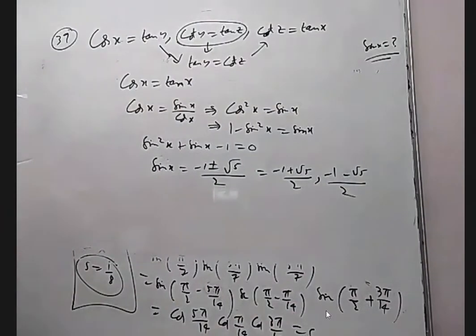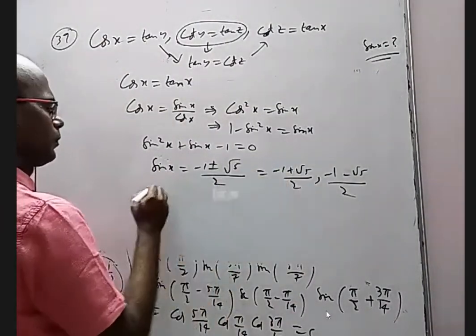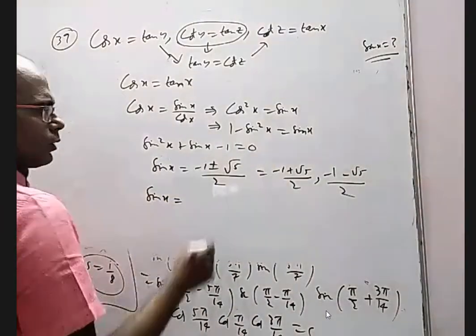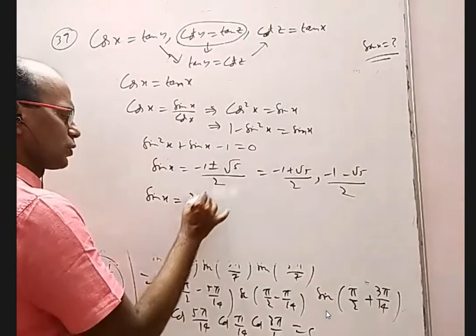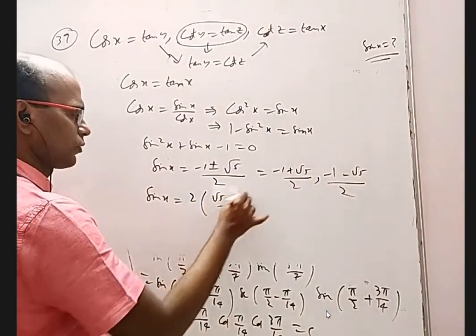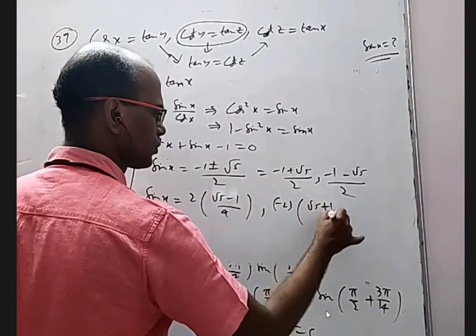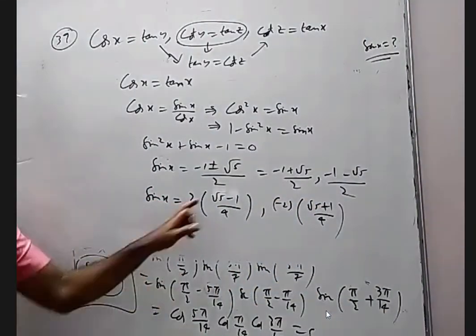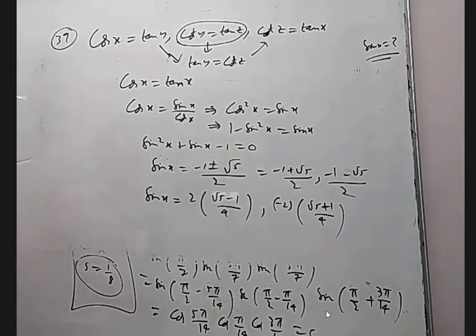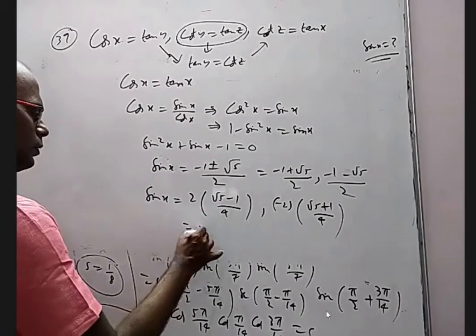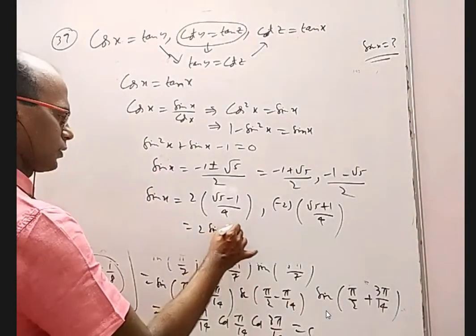Okay, this is not any one of the known values, but if I multiply 2 and divide by 2, this is 2 times root 5 minus 1 by 4, or minus 2 times root 5 plus 1 by 4. Root 5 minus 1 by 4, do you know any angle like that? Yes, sir, 18 degrees, sir. This is 2 sine 18 degrees.